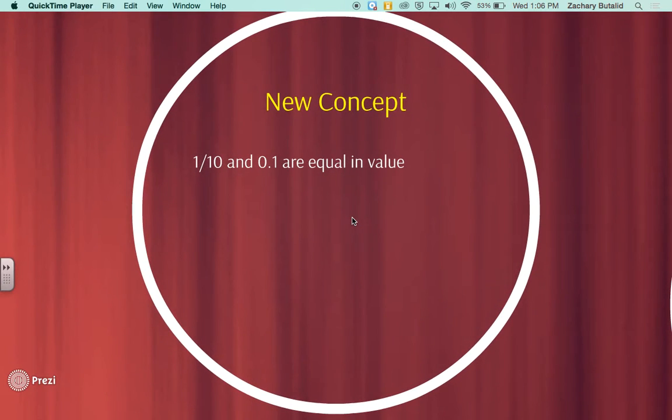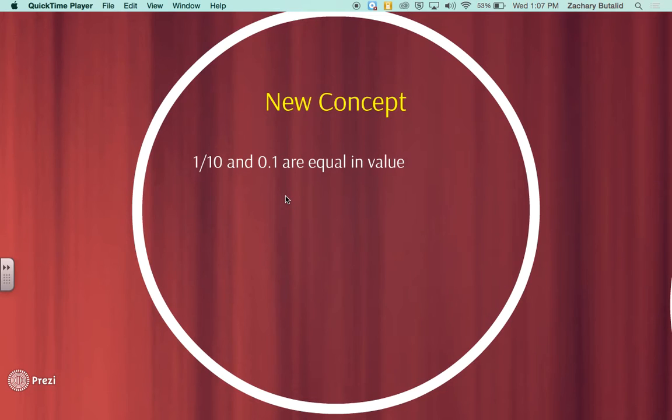Your new concept for today is that when we look at common fractions like 1 over 10 or 1/10, we can see that the fraction can be written like this as a decimal.